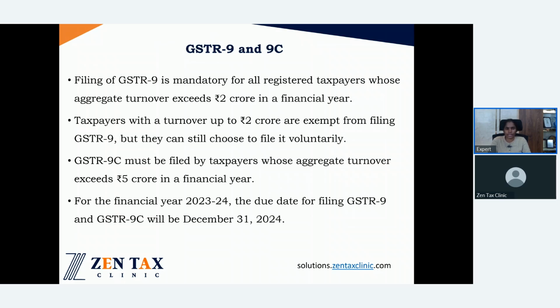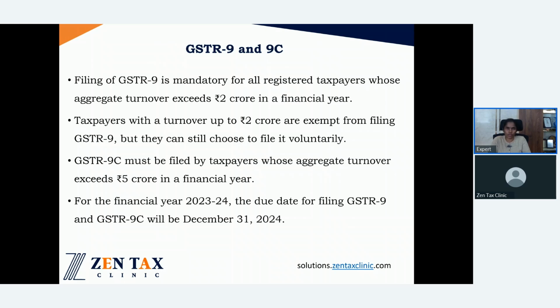And GSTR 9C must be filed by taxpayers whose aggregate turnover exceeds 5 crore in a financial year. For the financial year 23-24, the due date for filing these returns is 31st December 2024, and it is advisable to start working on it at the earliest to avoid last minute rushes.